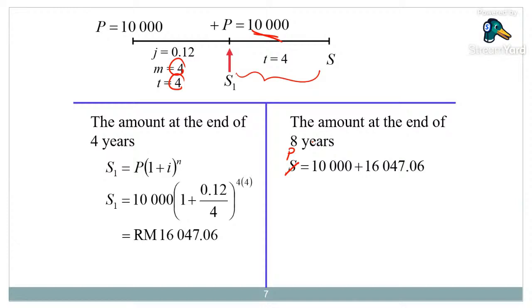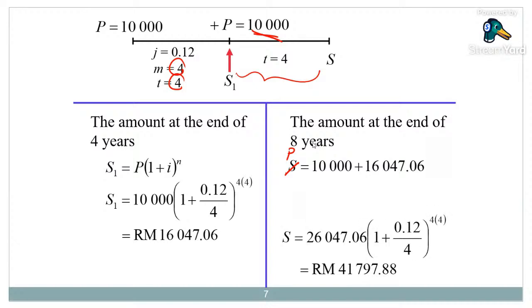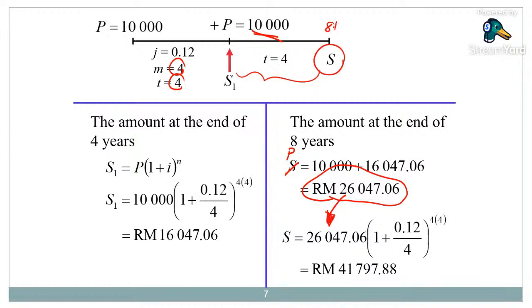P equal to 10,000 plus 16,047.6. Salah sebab saya keluarkan terus. So kita punya principal sebenarnya RM26,047.6. So kita masukkan dia sebagai principal dalam formula S untuk cari future value at the end of 8 years.